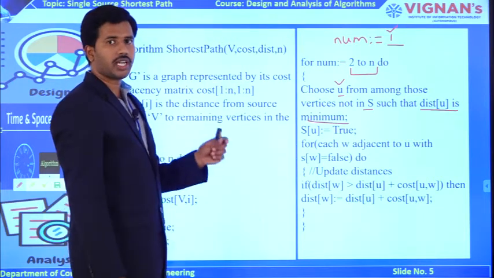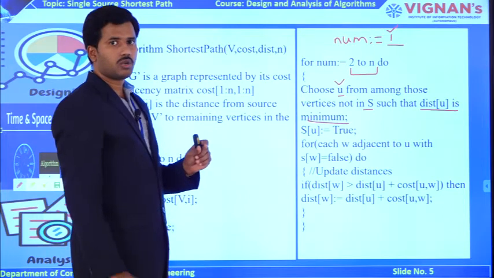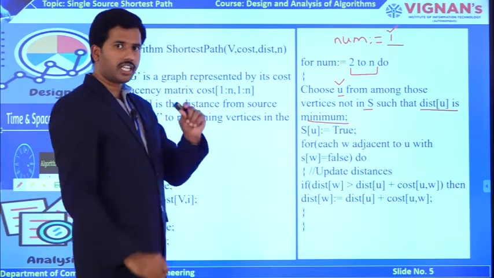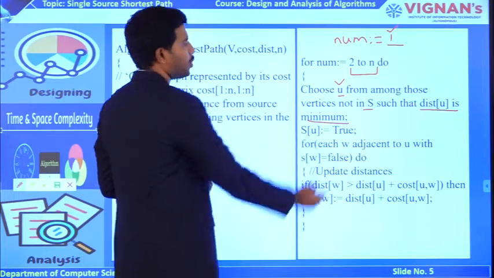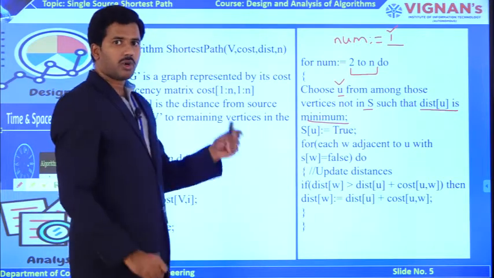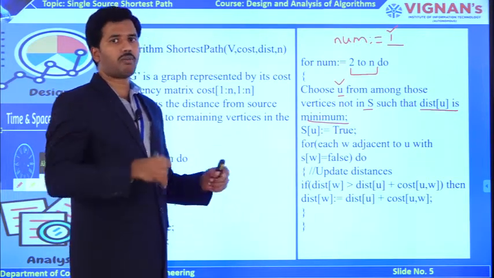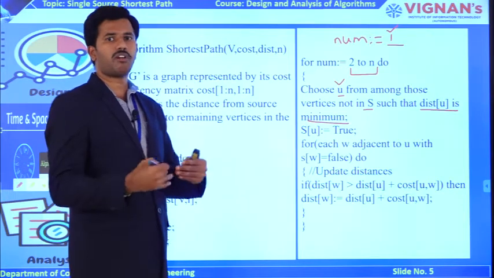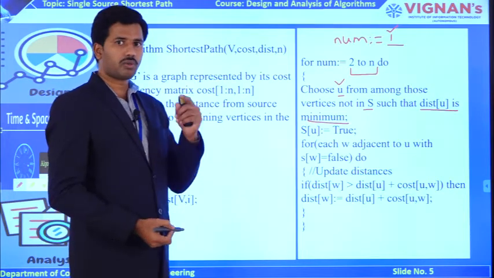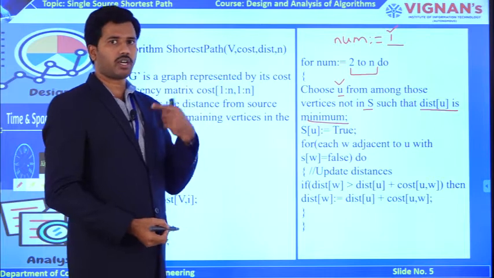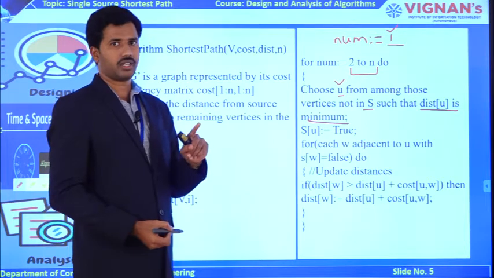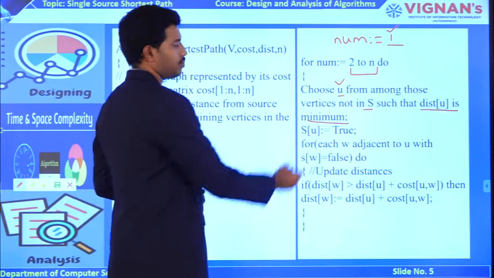So you are choosing an intermediate vertex to reach your destination. Technically you are calling that intermediate vertex u. From source to destination, you can have n number of intermediate vertices, right? But you are choosing only one vertex, the one which has the minimum value.